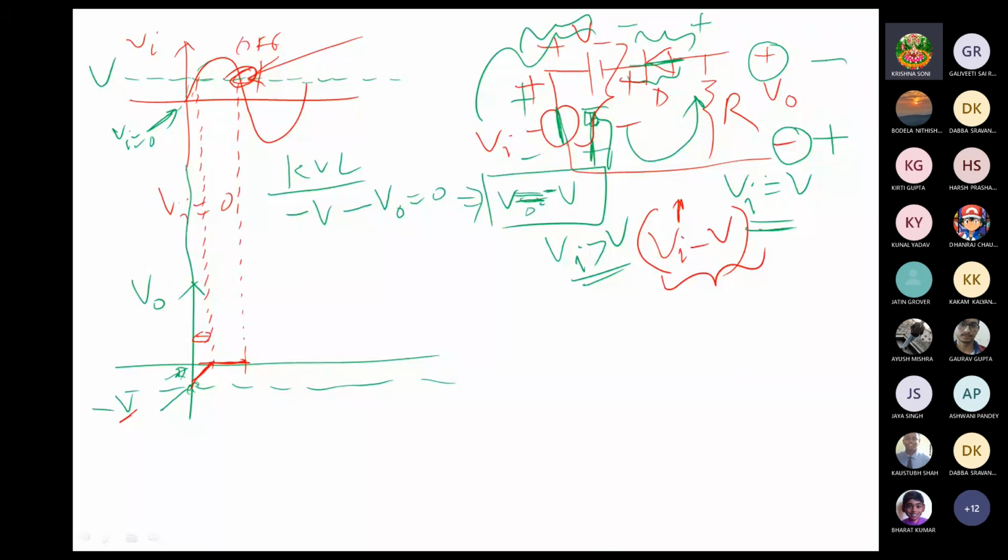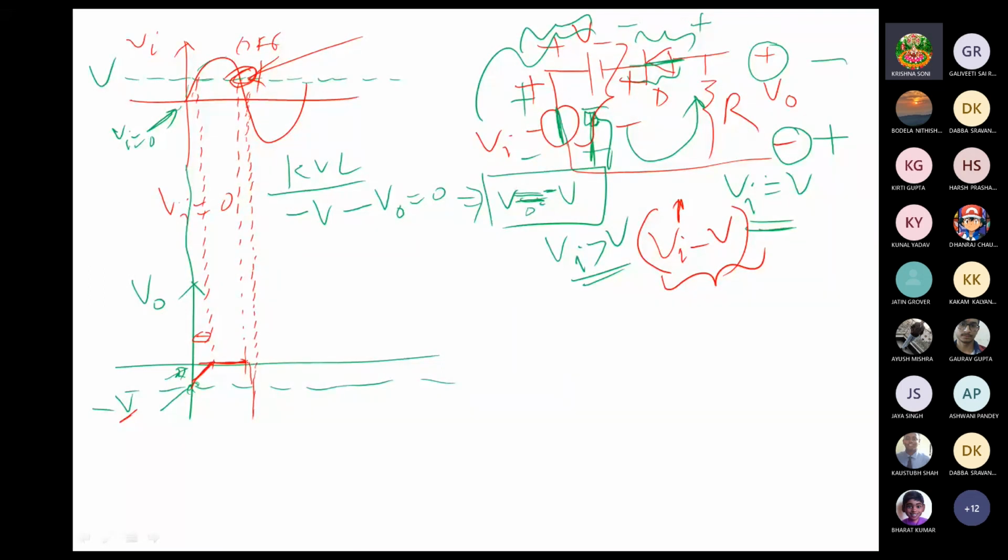So again, after this, our output increases, and from the point where the input voltage is 0, here again we will have minus V volt.